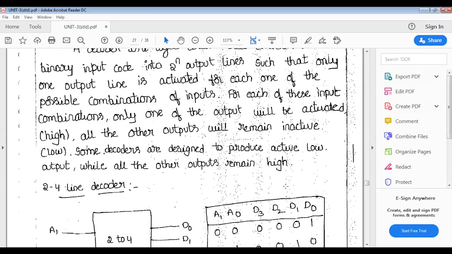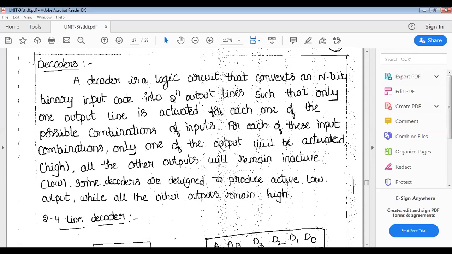To get the output D3. Simply, the decoder is a logical circuit that converts an n-bit binary input code into 2 power n output lines, such that only one output line is activated for each one of the possible combinations of inputs.